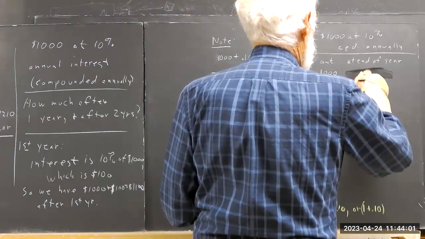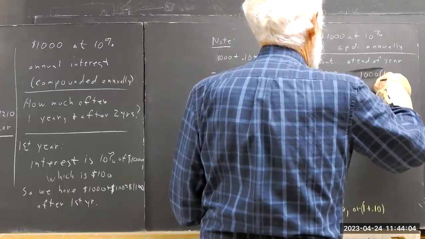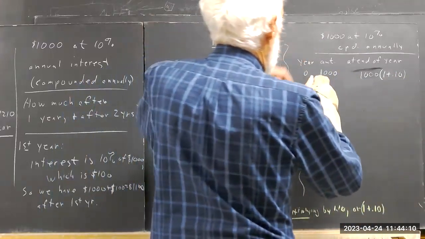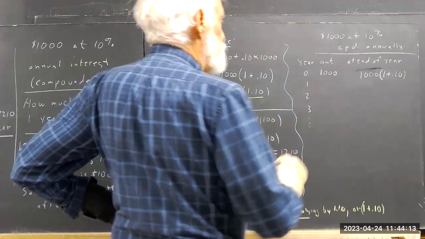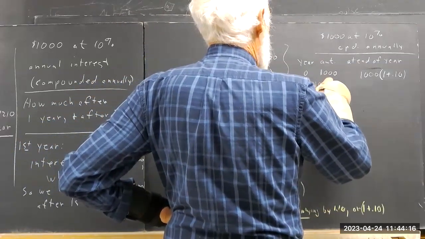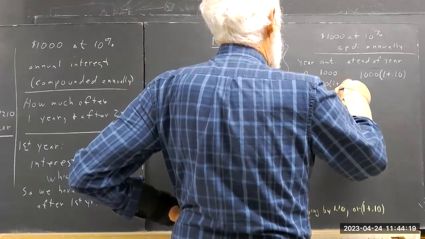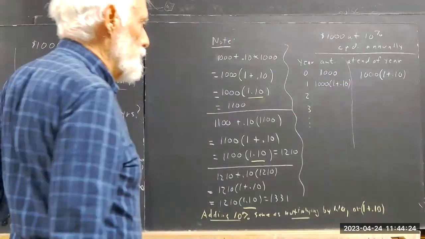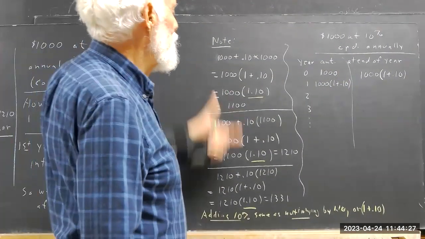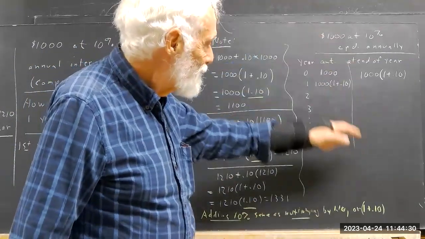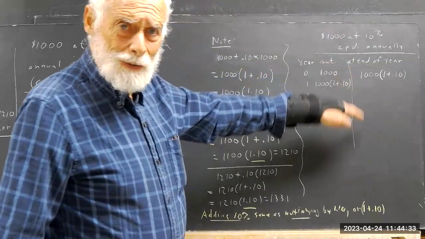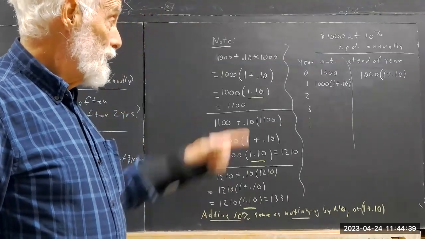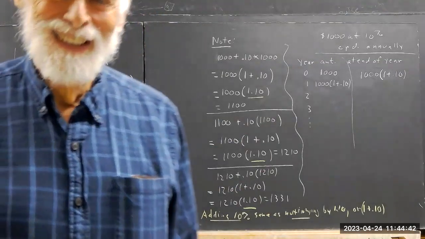So after year one, we have $1,000 on 1+.10. Now, depending what I see people doing, there are many ways I can set up this table, okay? But no matter how I set it up, kind of didn't leave myself enough room.